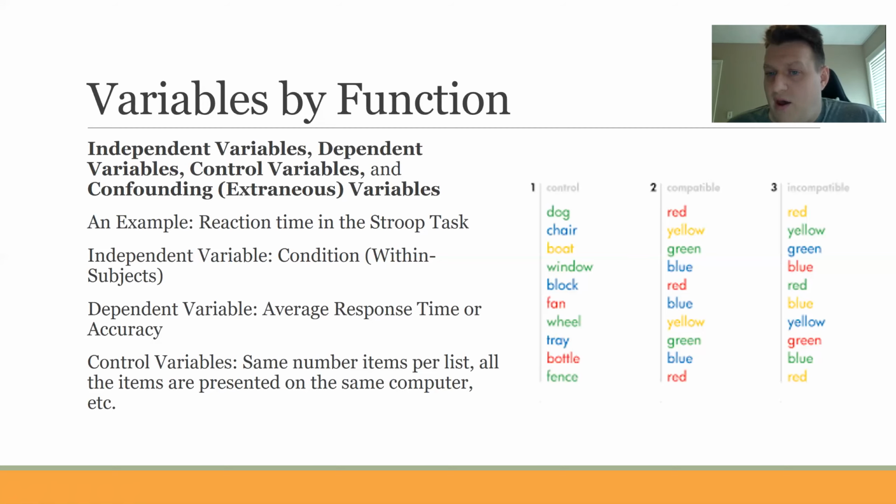Another thing, how about whether or not English is your first language, or if you're fluent in English? If I were to switch these up and instead of writing these in English, I wrote them in German or Japanese, and you were not fluent in those languages, this task would be very easy, and you wouldn't do any different between the compatible and the incompatible trials, because you don't know what color words refer to which color.